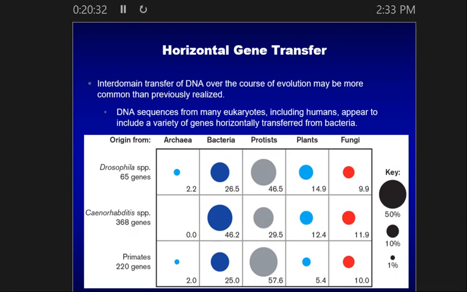But when you start realizing, think about it. The first cell on the planet was some kind of ancient protocell, a bacteria, prokaryotic cell. So it was microbial right from the get-go, 3.5 billion years ago, maybe even older than that. And then life evolved from that. So it does make sense that we have a lot of microbial DNA in us.